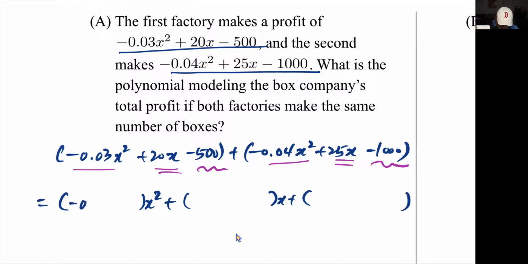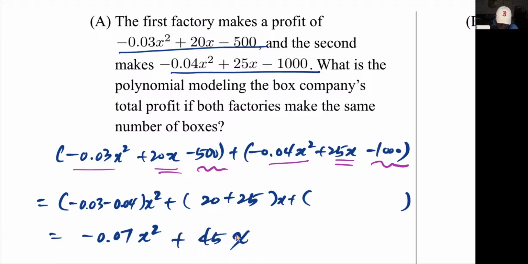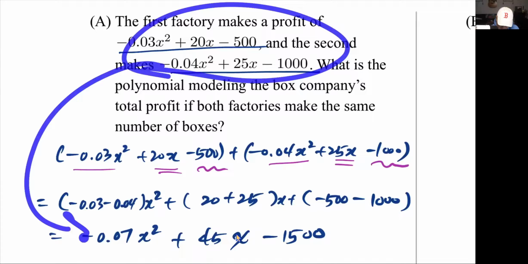So this negative 0.03 plus the negative 0.04 gives you negative 0.07x squared, right? And for the x's, is that 20 and 25? Yeah, that gives you 45x. And the numbers are negative 500 and a minus 1,000, which gives you minus 1,500. Now, once again, is it possible for you to just go from here to here?